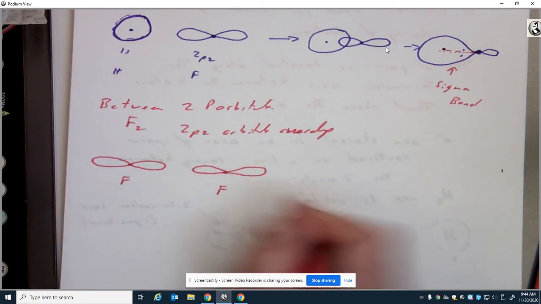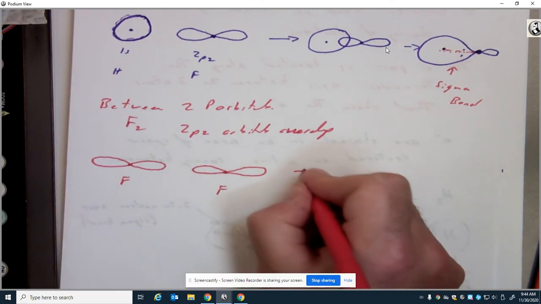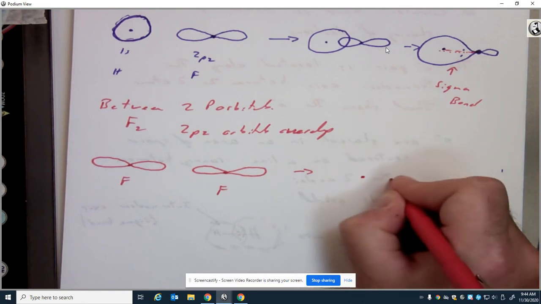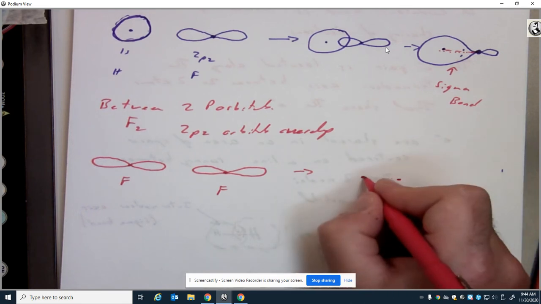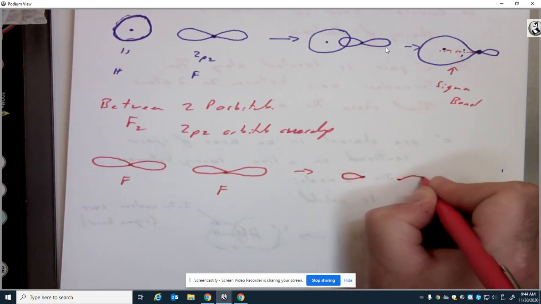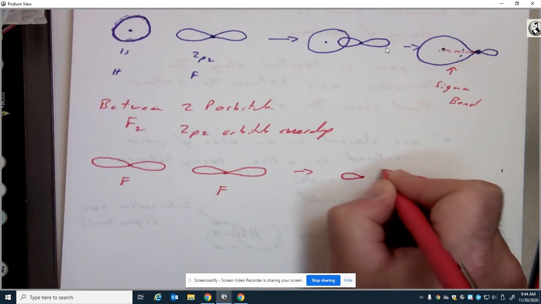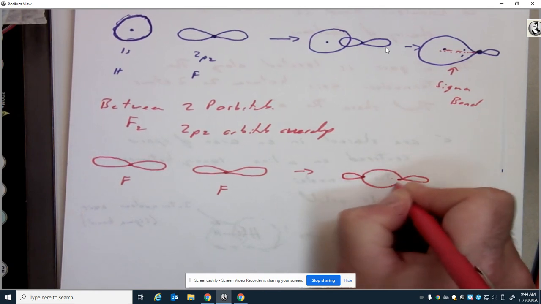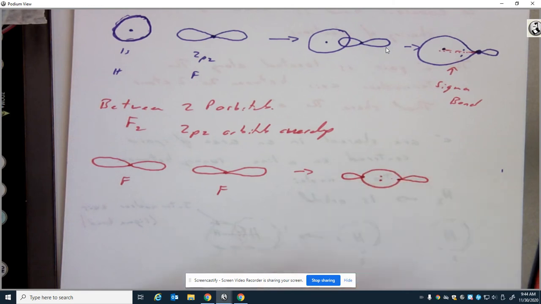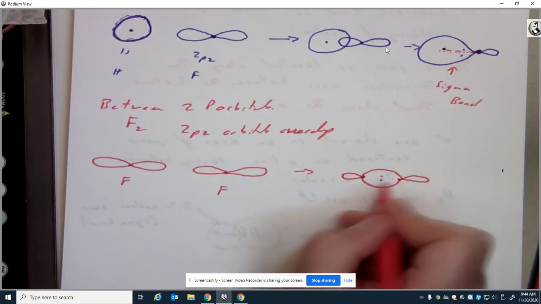These are going to overlap, and we end up getting something like this. And this is where the 2 electrons are found in between them. This is my orbital overlap.